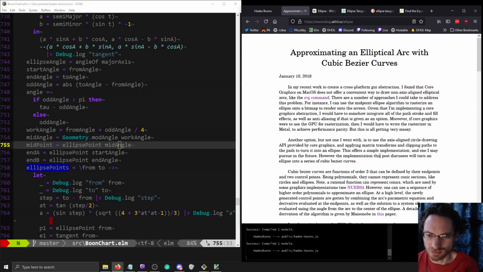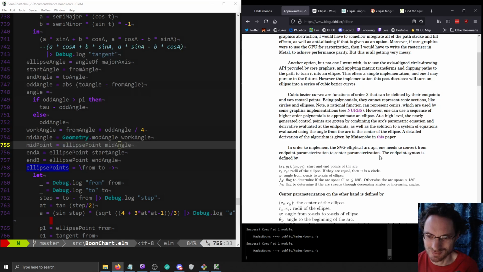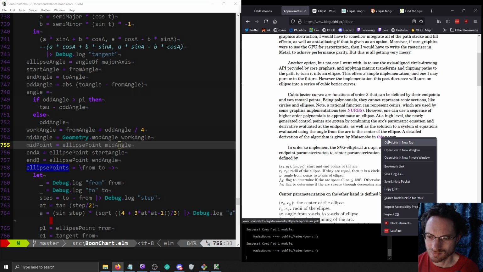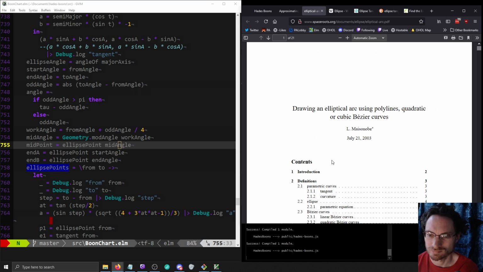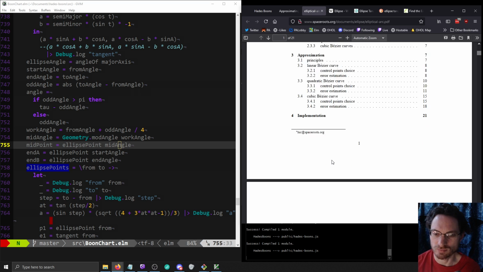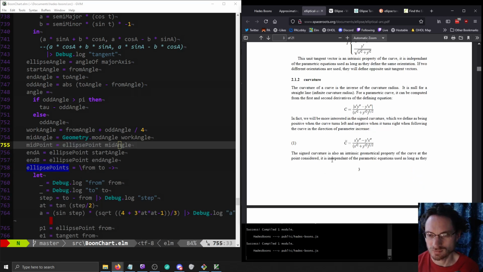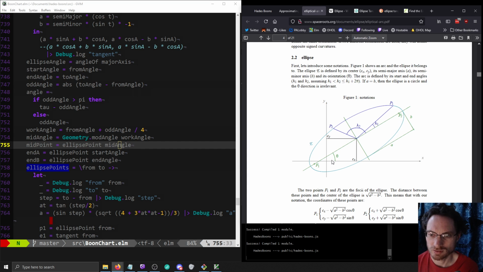You don't cite your sources, do you? I'm using the angle for the arc to the center of the ellipse. Using polylines, countermeasure curves. Curvature. Okay, so notations.